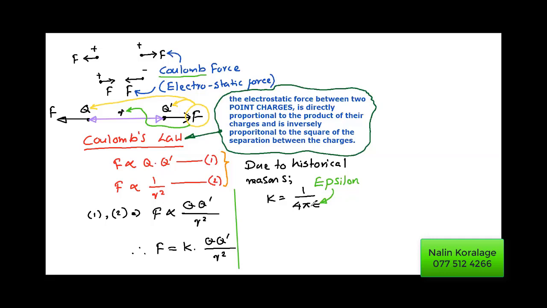Pretty sure this part has not been done, because what you are learning right now is the A2 part of electrostatic force fields, and the beginning part is in AS. So that is what we have already discussed: E is equal to F over Q, and at the same time E is equal to V over D, where V means the potential difference and D means the separation.